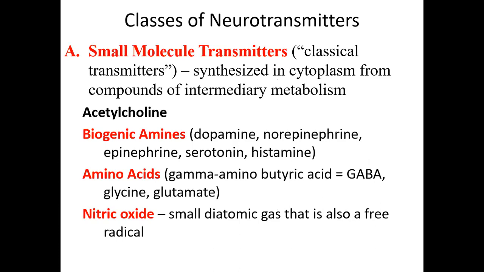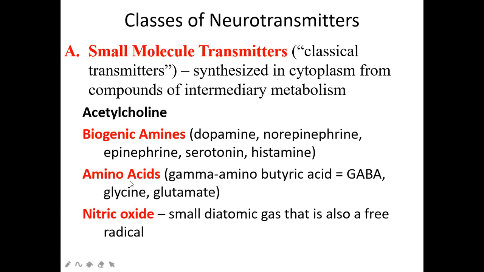Now, what are the classes of these neurotransmitters? The small molecular neurotransmitters are classical transmitters synthesized in the cytoplasm from compounds of intermediary metabolism. Acetylcholine is a classical example. Then we have the biogenic amines: dopamine, norepinephrine, epinephrine, serotonin, and histamine.